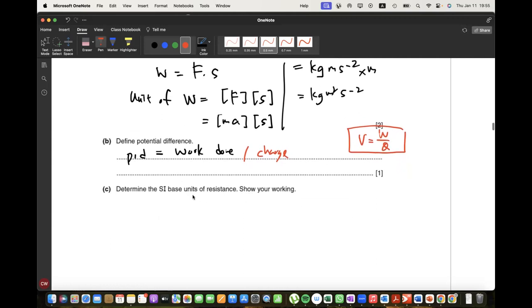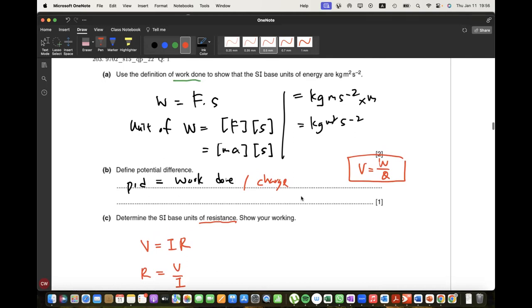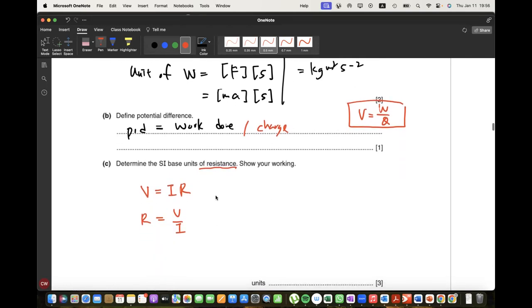Find the base unit of resistance. How to find? What is the relationship for resistance? V is IR. R is potential difference over I. Okay, correct. So how to continue?